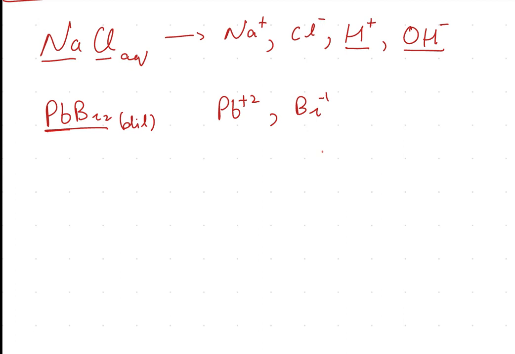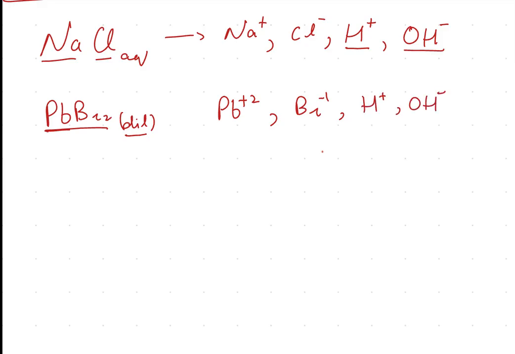Actually, when you write the ions, you are not supposed to balance them. You are just writing that these ions are present, not how many. You balance only when you write an equation. Now, as the solution is diluted, it should contain H positive and OH negative.